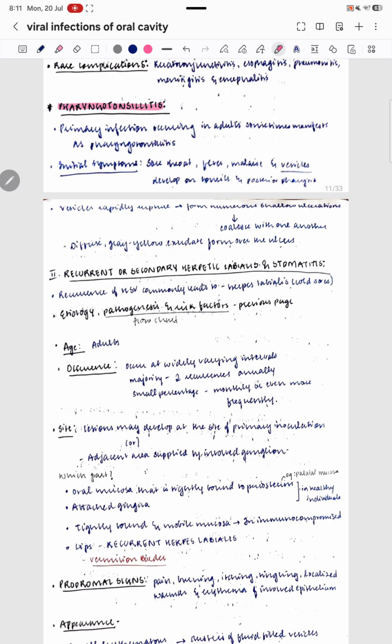These vesicles rapidly rupture to form numerous shallow ulcerations, and then these shallow ulcerations coalesce with one another. Diffuse gray yellow exudate forms over these ulcers.